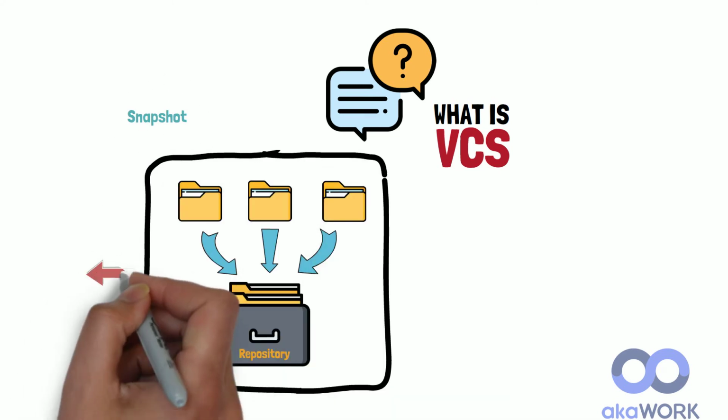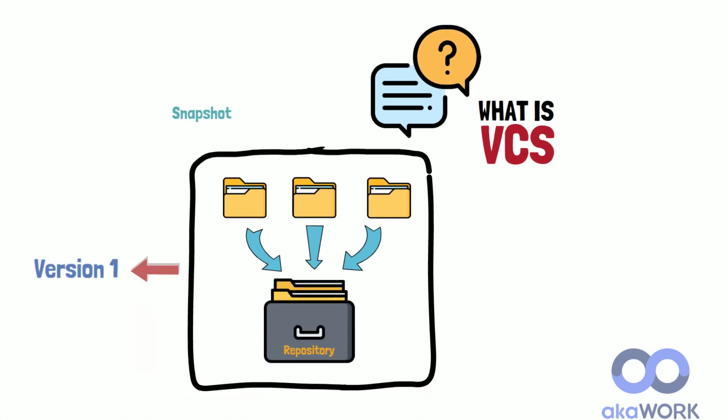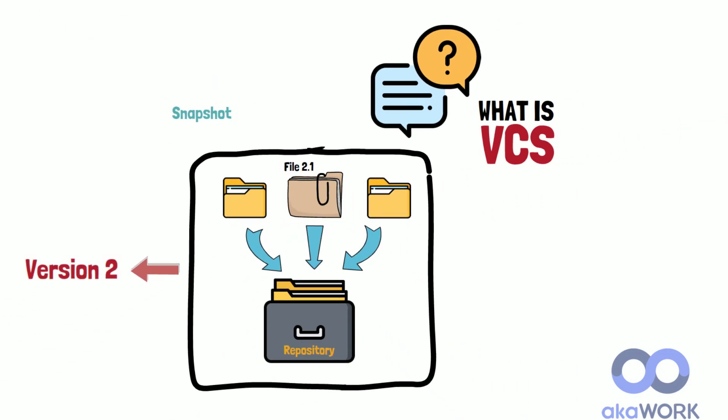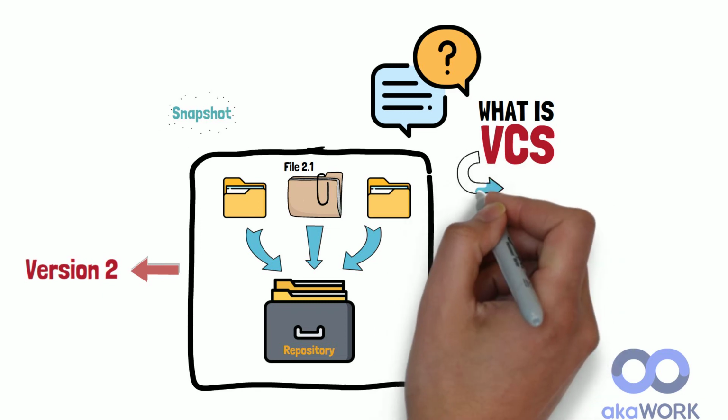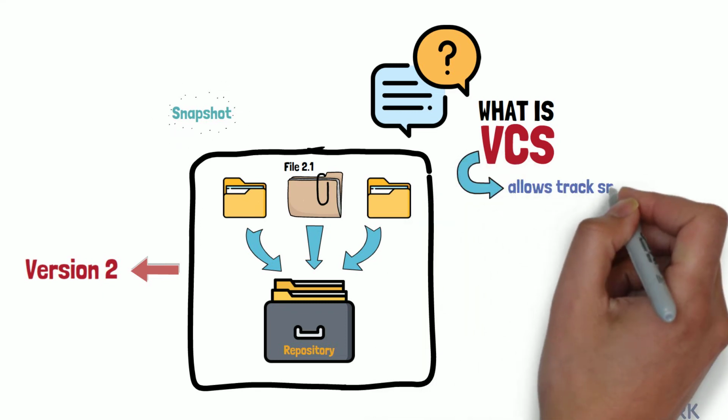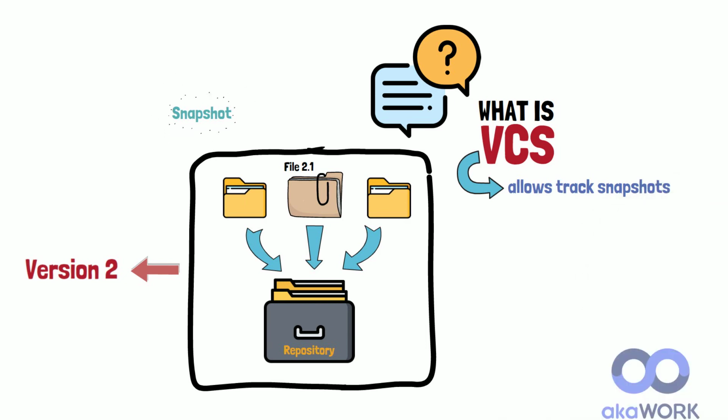Let's call the snapshot version 1. Now, there will be some changes in file 2 and it is updated to file 2.1. We can easily make a new snapshot to store the changes with a version control system. It allows you to check which snapshot you want. A snapshot will store all changes.